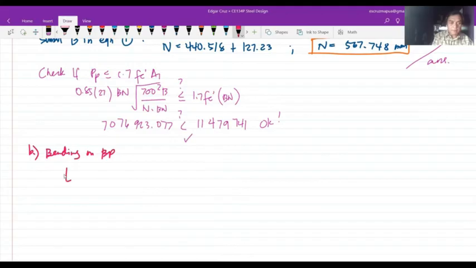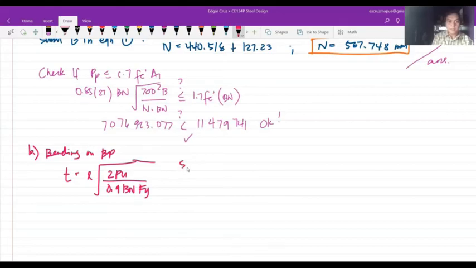So from there we have derived, diba, yung thickness is equal to L, then square root of 2 PU divided by 0.9 BN tapos FY. Diba yan yung derived formula natin? So substitute lang natin. Let us substitute values.